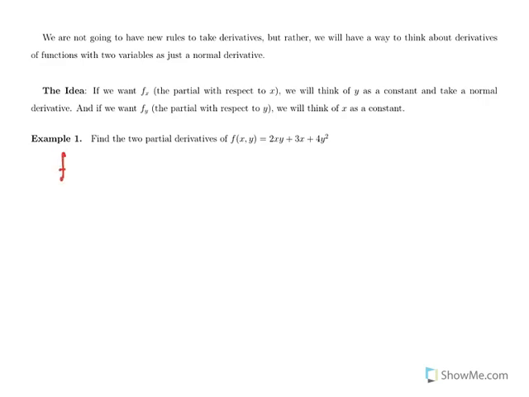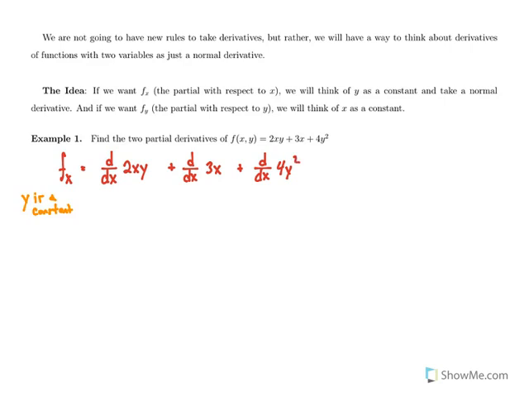So first, let's look at the partial with respect to x. We're going to look at the derivatives of each of those three parts, the 2xy, the 3x, and the 4y squared. And again, we're going to think about y as a constant here. So this is going to be equal to the derivative of 2xy plus the derivative of 3x plus the derivative of 4y squared.